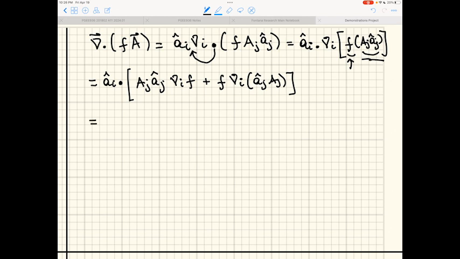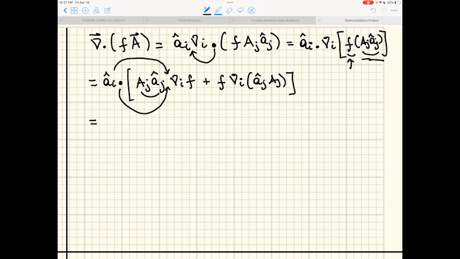Then this is going to be something like, I can put the dot over here. In fact, I can put the dot here and pass a_i to F to the dot like that.